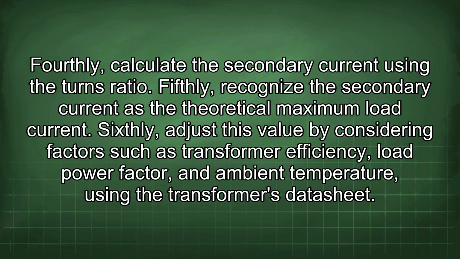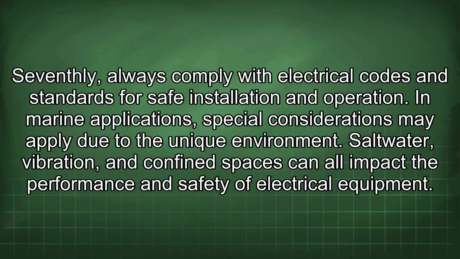Fifthly, recognize the secondary current as the theoretical maximum load current. Sixthly, adjust this value by considering factors such as transformer efficiency, load power factor, and ambient temperature, using the transformer's datasheet. Seventhly, always comply with electrical codes and standards for safe installation and operation.